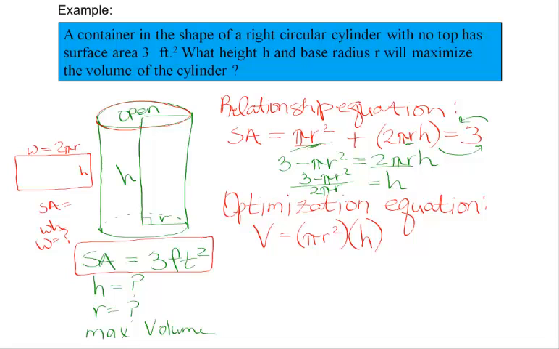You have two terms in the numerator separated by a minus sign. Don't let your algebra steal points from you. Be really careful. Now I'm going to go down here, and I'm going to substitute that in our volume, our optimization equation for H.